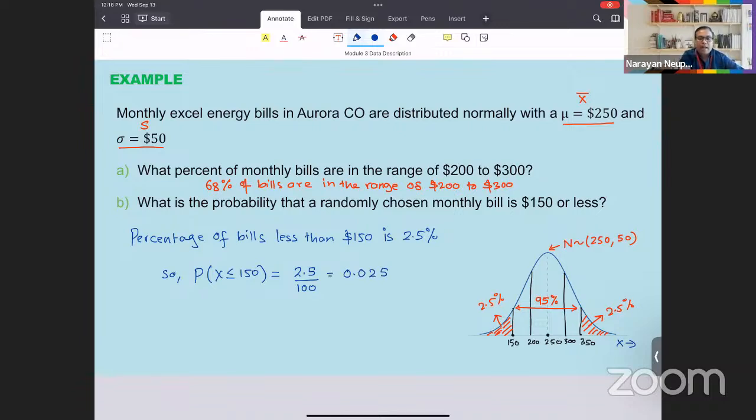So the probability that the monthly bill amount is less than or equal to 150 is 0.025. That is how you need to find the probability. Remember, to find the probability, first you have to find the percentage, then divide by 100 to get the decimal, because probabilities are always in decimal. That's why we need to divide that.